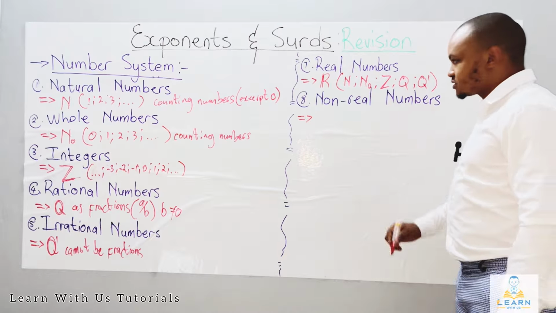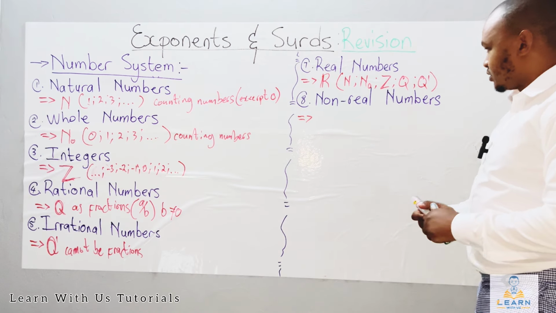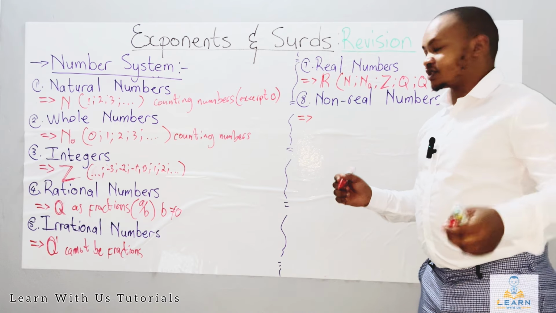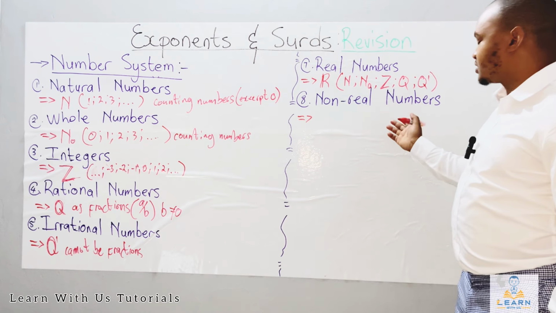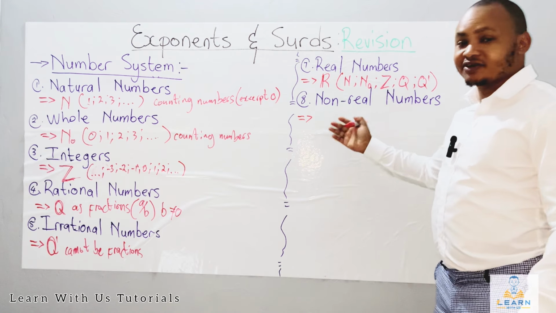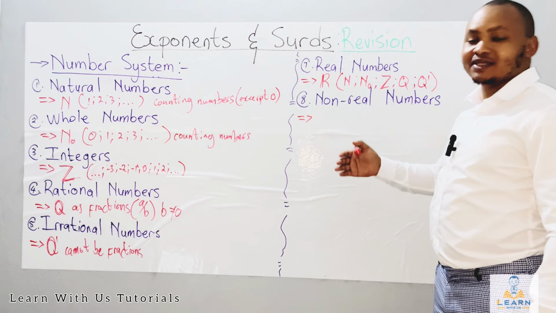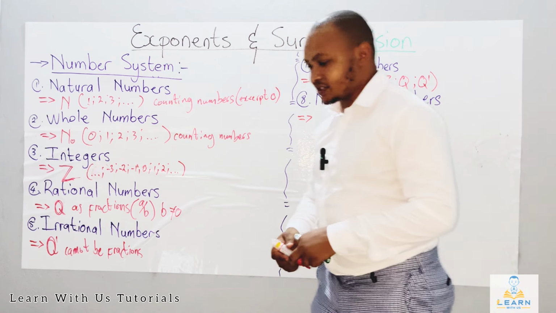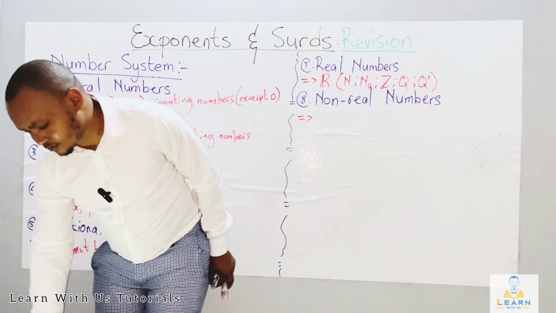With non-real numbers, we have two conditions that we need to respect. Let's look at the first one. Non-real numbers, it's in the definition. Non-real, they do not exist. Alright, they are undefined. Okay, let's write quickly the symbol for non-real numbers.